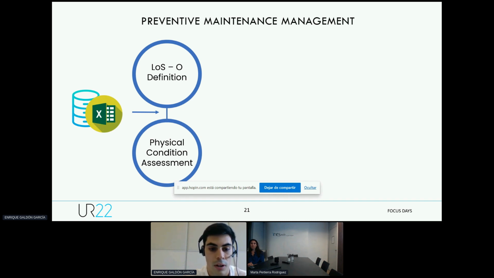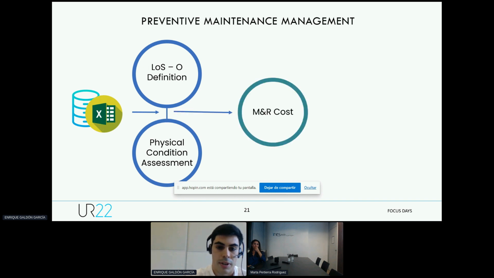When we talk about physical condition, we are talking about the conservation state of the buildings. Then comparing this physical condition with the ordinary level of service, the level at which the client of the building wants to have the buildings, it's possible to estimate the maintenance and repair costs.